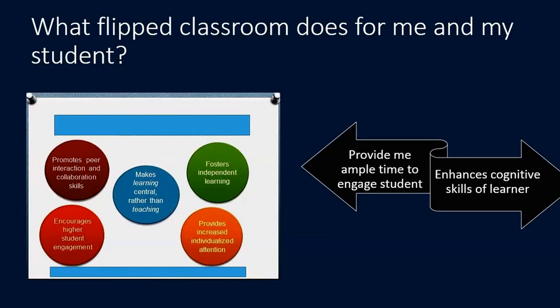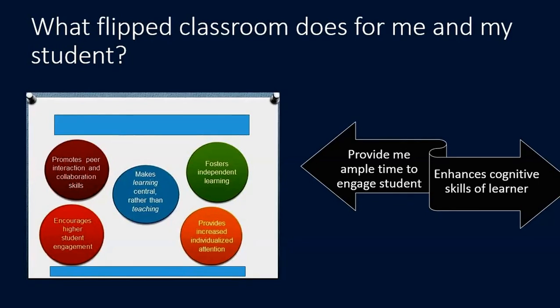So if you see this image, at the center is learning rather than teaching. What does it mean? What we are doing in the traditional classroom is the teacher centered method. Now our approach is changed from teacher centered to learner centered. Fosters independent learning.